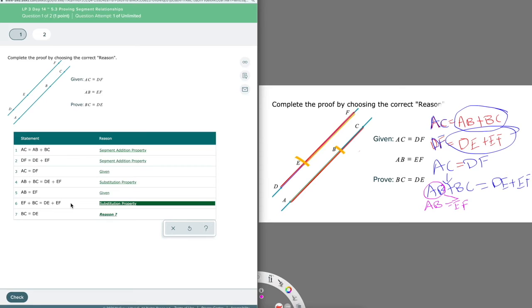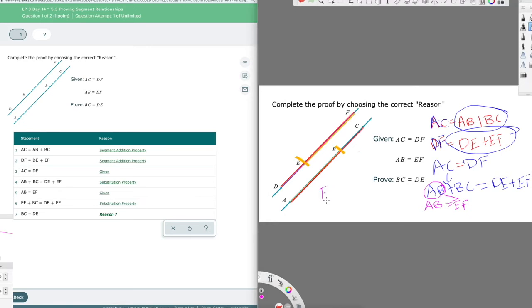So now if I know EF plus BC equals DE plus EF, the only thing I need to figure out is what did they do here? All of a sudden there's a whole lot fewer terms. They just went to the prove here, what they were trying to prove, which is BC equals DE. Well, if I look at this piece, I have EF plus BC equals DE plus EF.